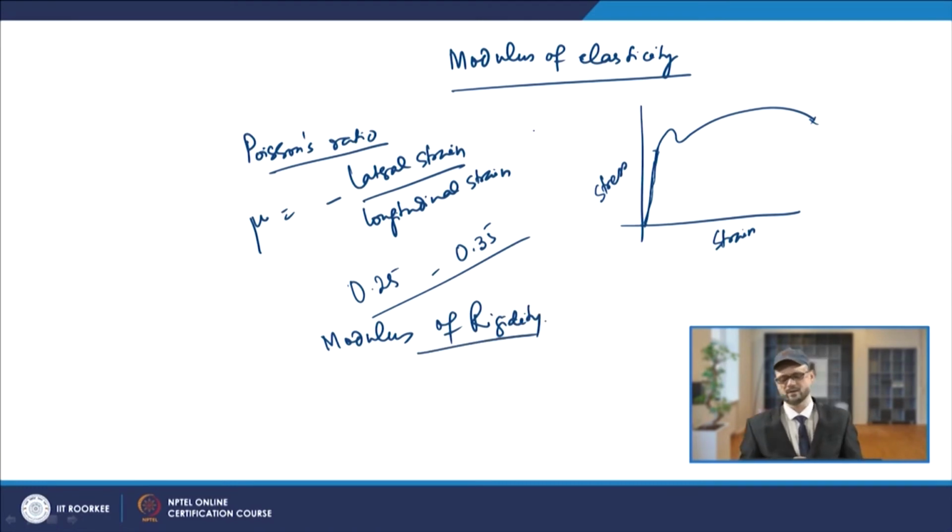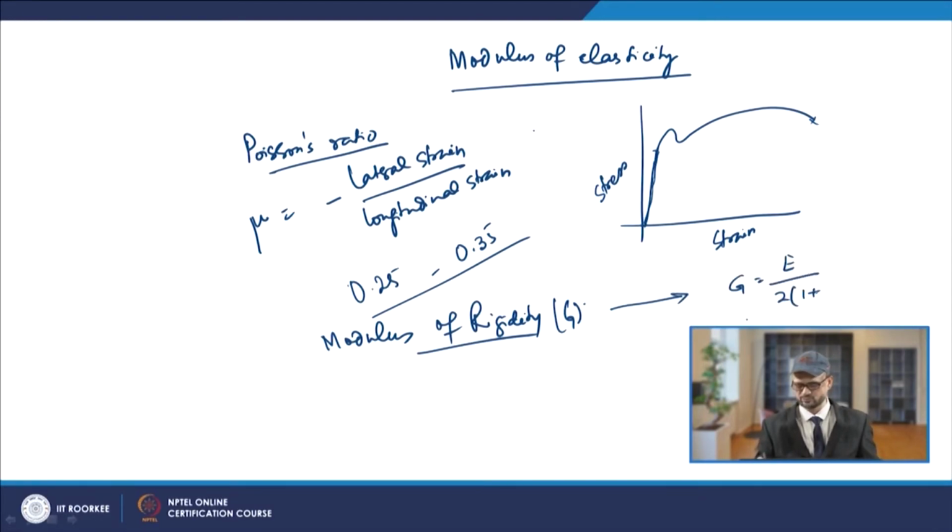When you apply tangential or shear stress, the ratio of stress to strain is defined as the modulus of rigidity, which is denoted by G. There is also a correlation between G and the modulus of elasticity: G equals E upon 2 into 1 plus mu. So, these are the terminologies which need to be understood in such cases.